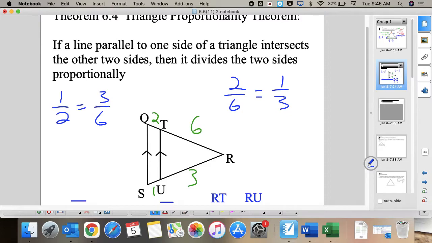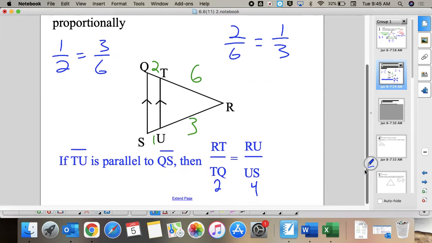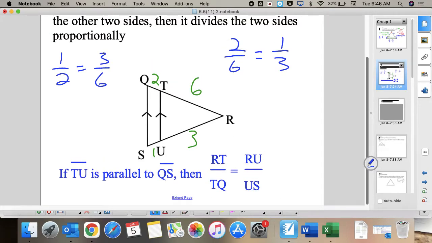Likewise, we will have a converse to it here. All we're looking at is if TU is parallel to QS, then that ratio of RT, which is 6 over 2, will be equal to RU over US, which is 3 over 1.